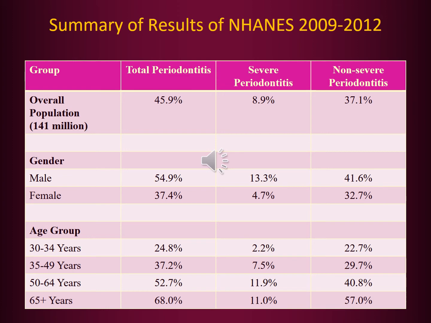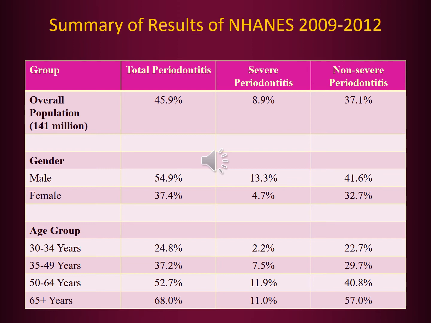Although the age groups are slightly different in terms of their categories, meaning those that are 30 to 34 years of age only have a 5-year age category, whereas those that are 35 to 49 have almost a 15-year age difference, and those that are 50 to 64 as well.